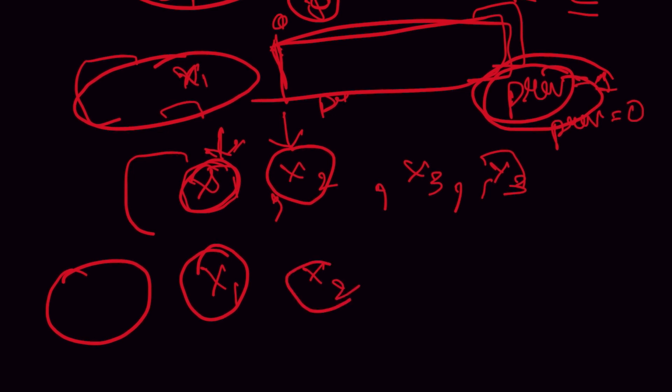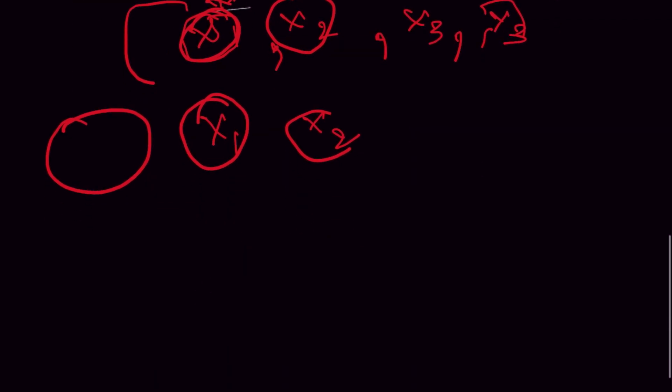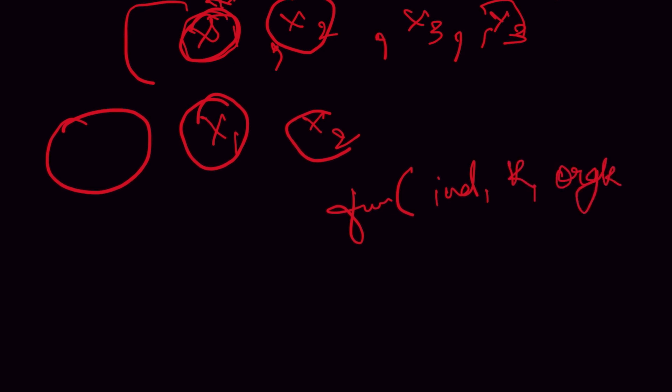So what is the benefit of this previous? Let's say there will be a function with index, and we will be passing the current value of k and the original value of k that was initially given, and there would be previous also, and you have dp also.